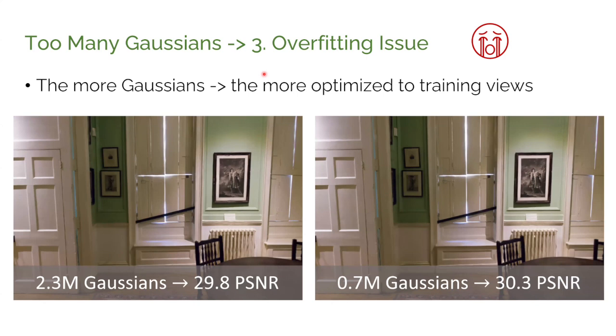And because we have more parameters, and these parameters are highly optimized for the training views, sometimes you lose some generalization ability. So in this example, the left one has 2 million Gaussians, and the right one has about 1/3 of the Gaussians, and you can see that it improves the PSNR.